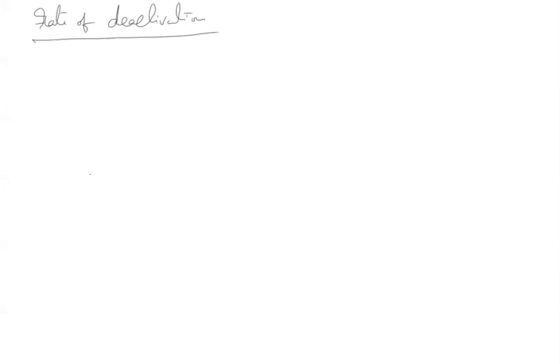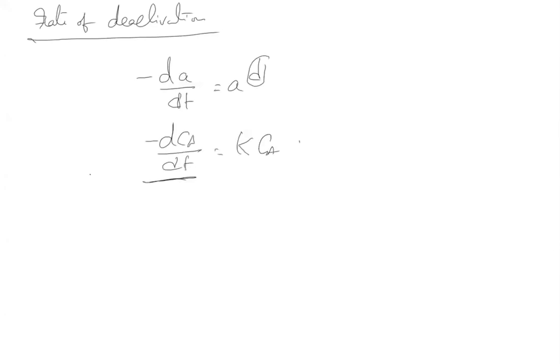So what you do is you simply write minus dA by dt equal to A power d. What is this d? It is nothing but the deactivation coefficient. Now, suppose minus dCA by dt is the rate of reaction, which is equal to k CA into A. Now A comes into the picture. What is this A? It takes care of the deactivation of the catalyst. How do you find this A?